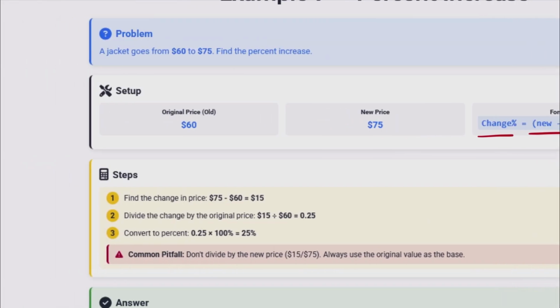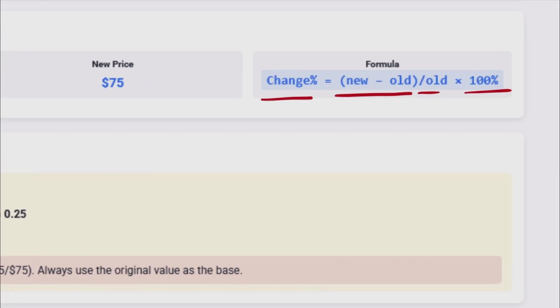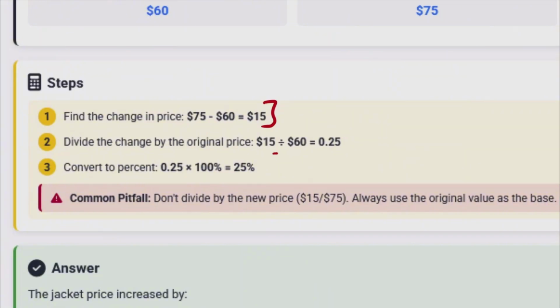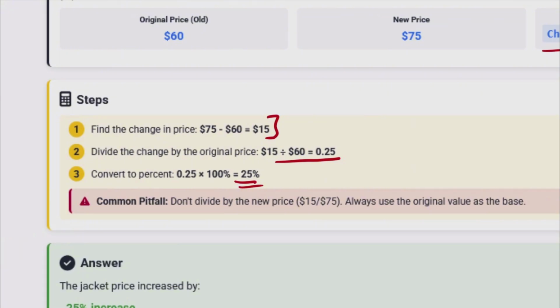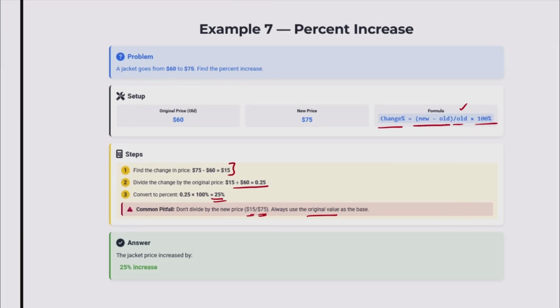The only thing I have to do is find the amount of difference, which is $15, and use it in this formula: new minus old divided by old. It would be 15 divided by 60, which is 0.25. Am I done? No, because the final answer should be in percentage. So I know for a fact that I had a 25% increase. Again, be careful. Try not to divide the difference by the new value. All the time we are looking at the original value, or the old value itself.